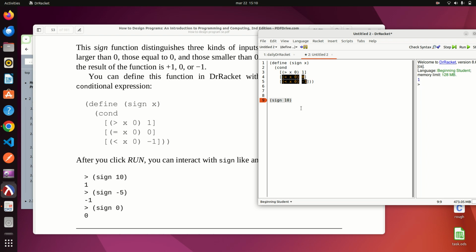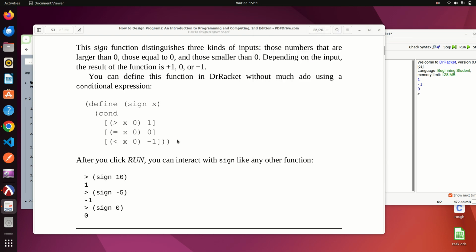Then you have sine minus 5, and the last one would run, and then sine 0. So you get minus 1 here. And now you don't get that black line because all three of them are running.